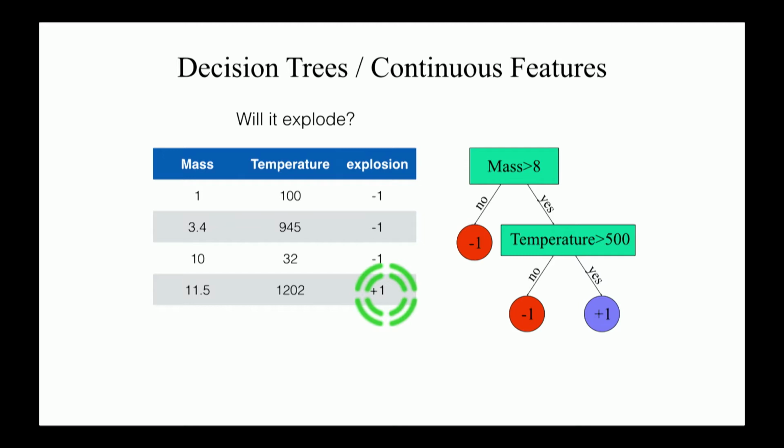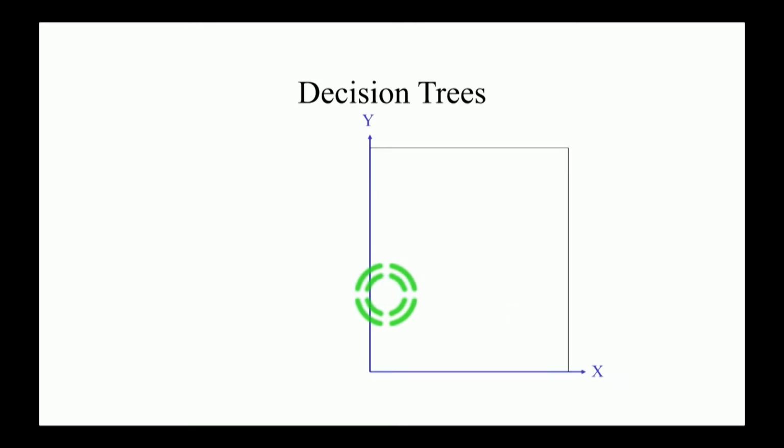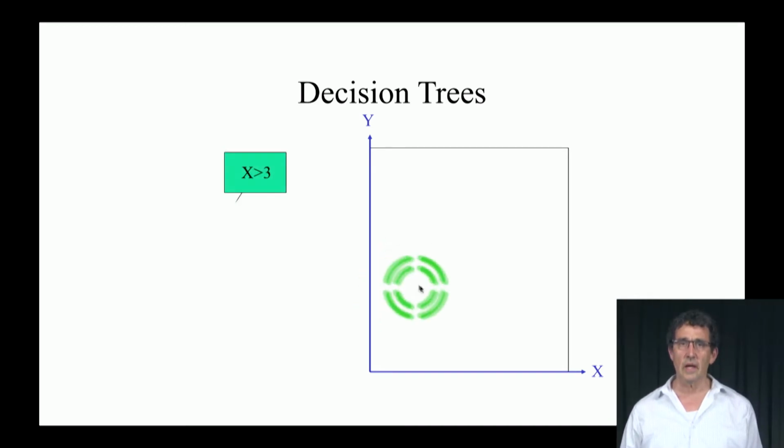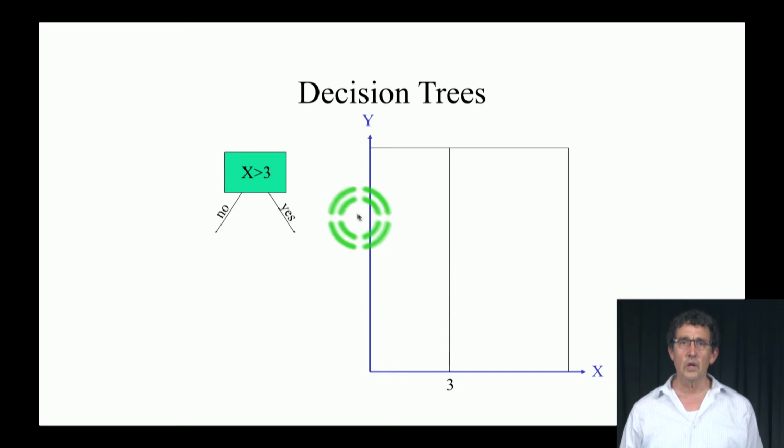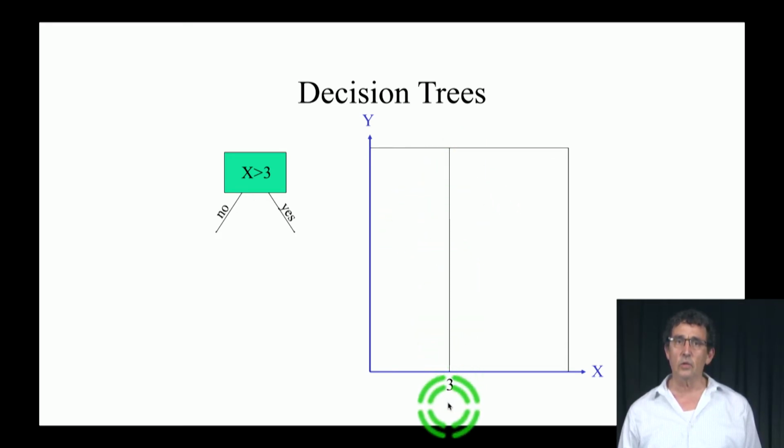In the continuous case, it's convenient to think about decision trees as partitioning the space. Here we have a two-dimensional space, x and y, and we're partitioning it using a decision tree. The first partition is x larger than 3, which partitions the domain on the line x equal to 3.